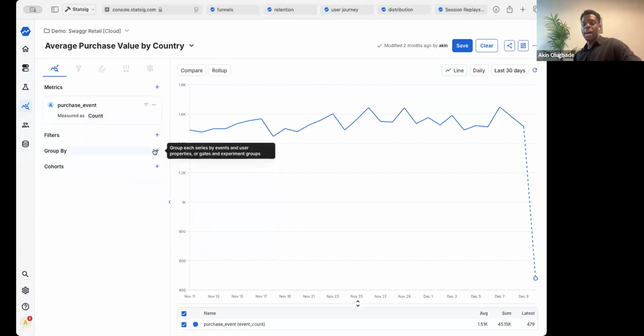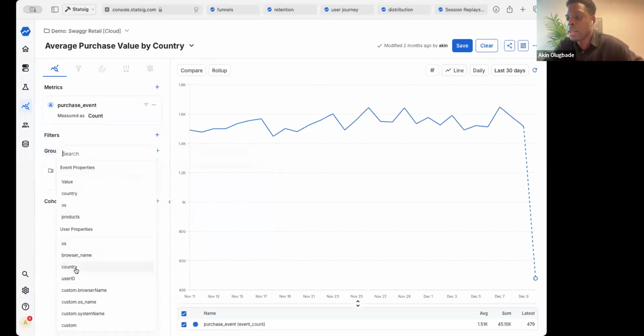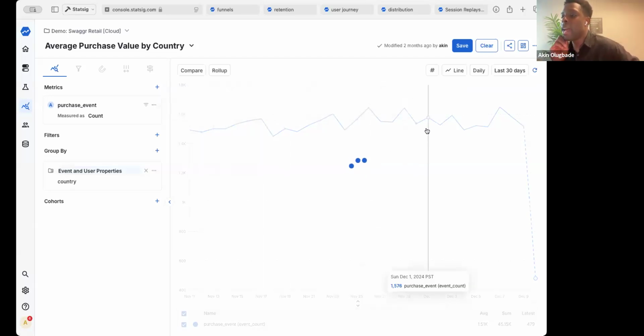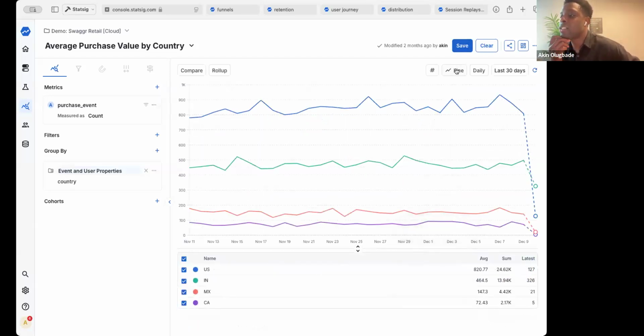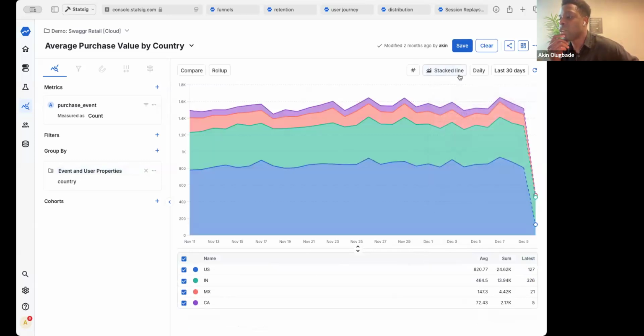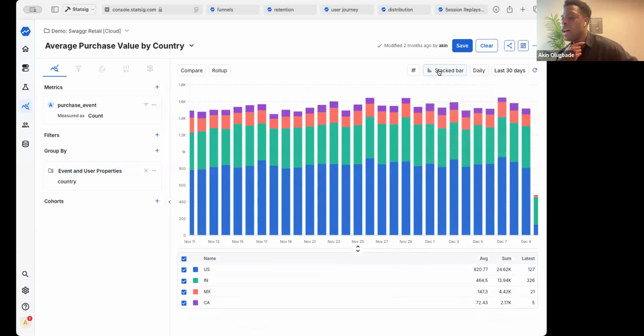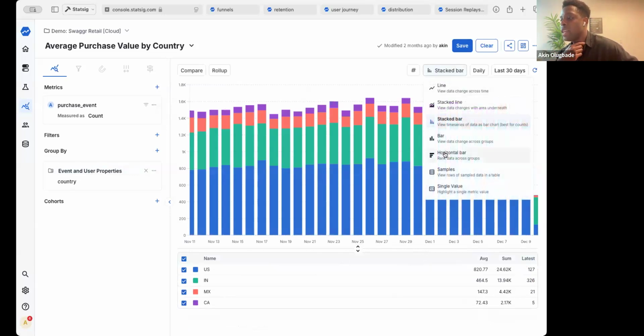You can also compare how this looks across different user properties, things like country. And you have access to a lot of different views, right? So we have stacked line charts, which are great for understanding the total amount each group takes of the total, but also things like stacked bar charts that give you different ways to visualize it.